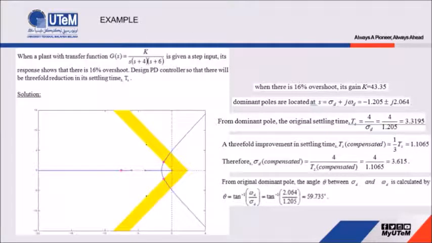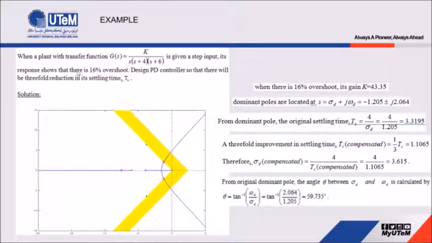In order to make it easy to understand, let us look at this example. A plant with transfer function G(s) equal to K divided by s times (s plus 4) times (s plus 6) is given a step input, and its response shows that there is 16% overshoot. Design a PD controller so that there will be a threefold reduction in its settling time Ts.